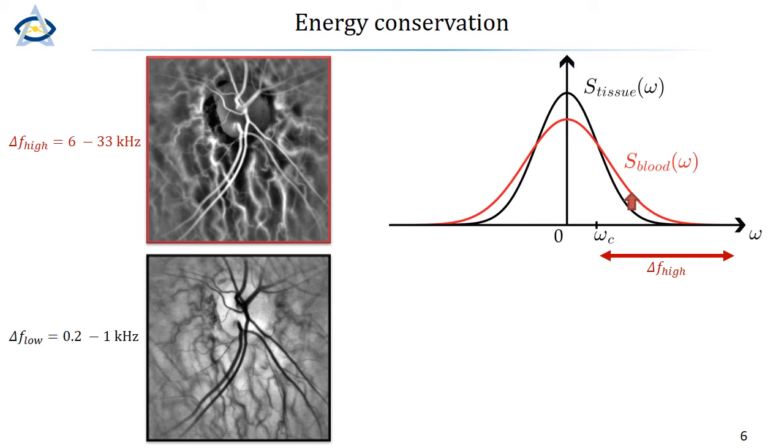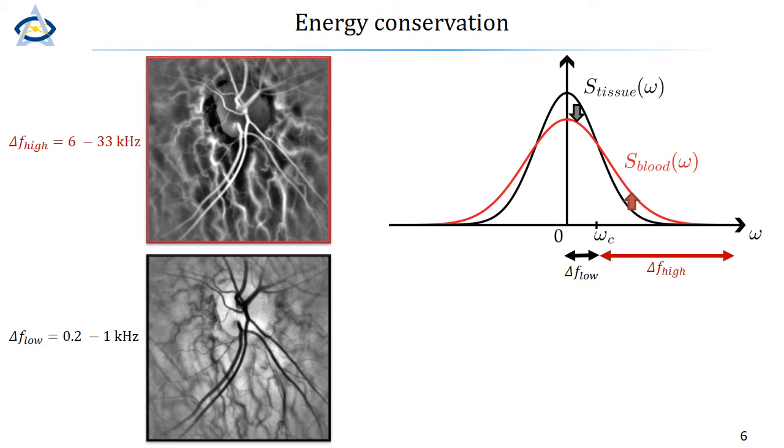This is the reason why the power Doppler image for high frequencies shows vessels with a bright contrast, because when you integrate this quantity, it leads to a brighter contrast. And reciprocally, if the energy is shifted toward higher frequencies for light scattered in blood, then it means that there is a depletion of energy at low frequency.